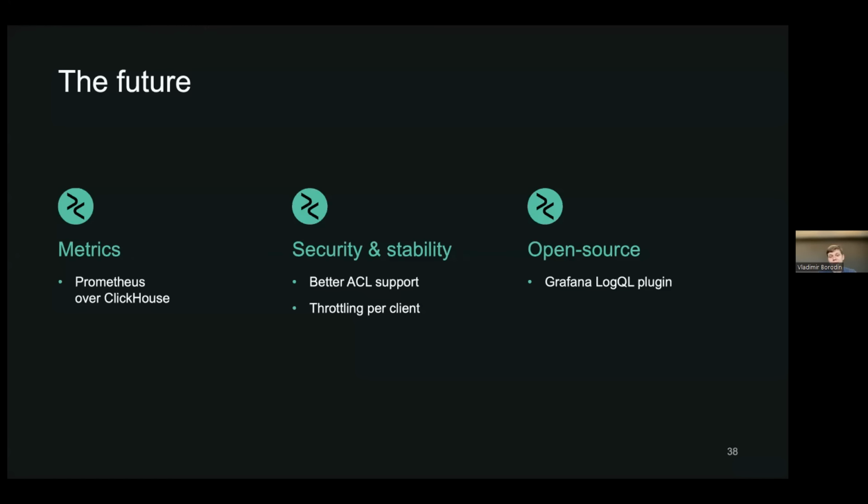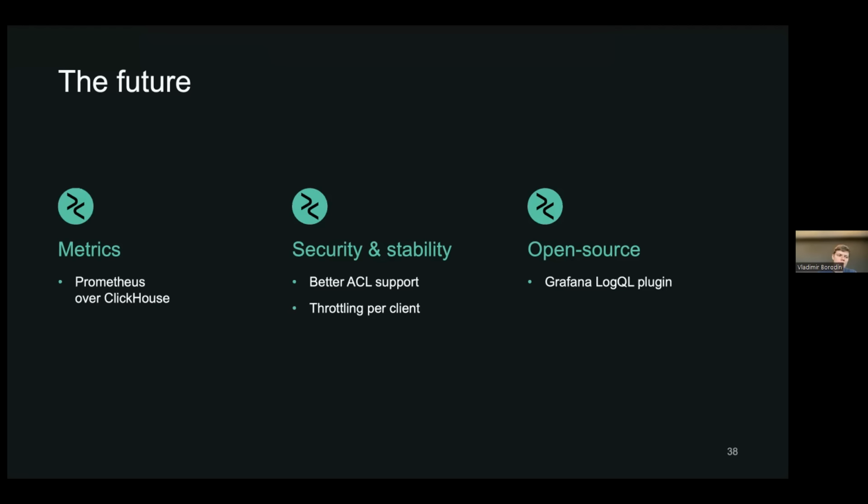And we don't have, for example, throttling per client. If one user creates, say, a ClickHouse cluster and starts writing lots of logs, other users of our system may suffer delays in seeing their logs. We have right now just a global limit.